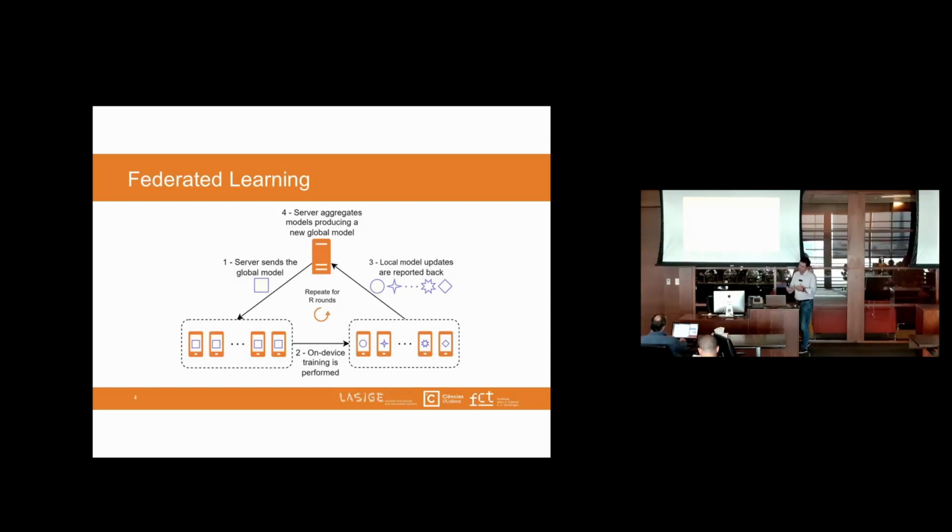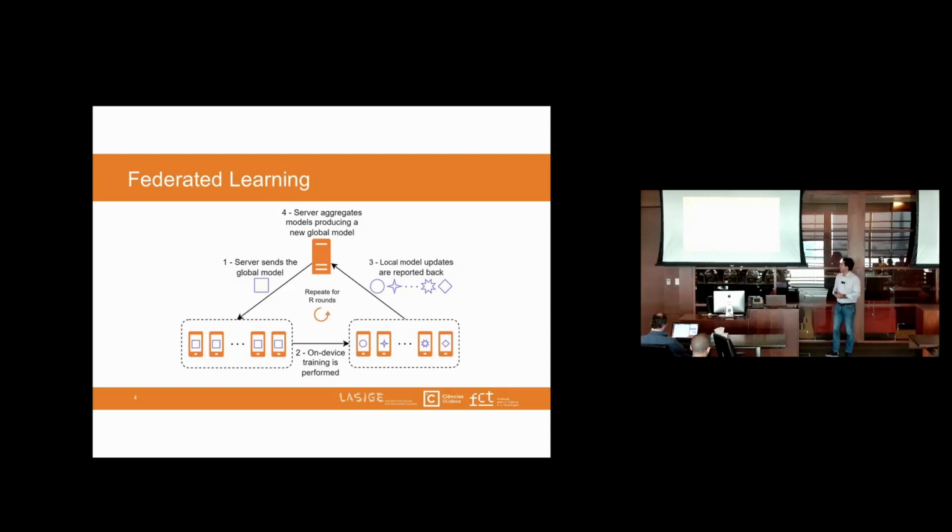So the first thing is the global model shares with the subset of devices that will be participating in this round of training either the seed that initializes the model, or it sends the model to the devices. The devices then train locally using the local data set, and with that they generate a new version of the model, and with that version they can generate an update that is transmitted to the central node, which aggregates all these updates in order to produce a new version of the global model.